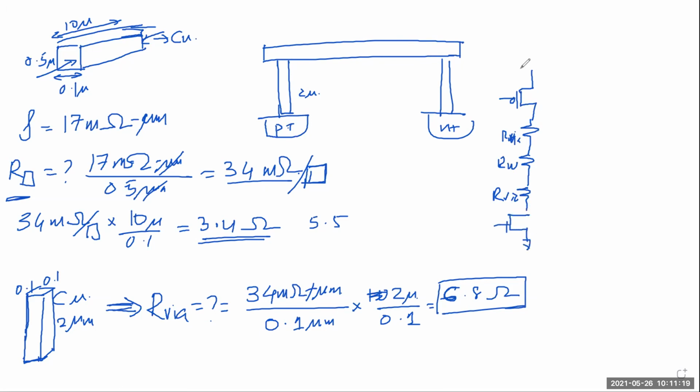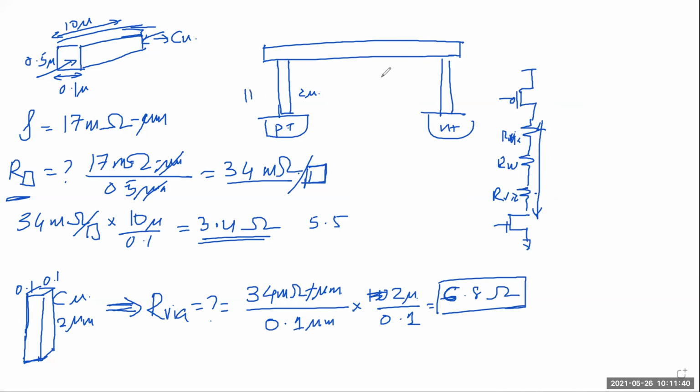So this was for our inverter. So this total resistance was how much? This was, I think, roughly 11 ohms, if I remember right.